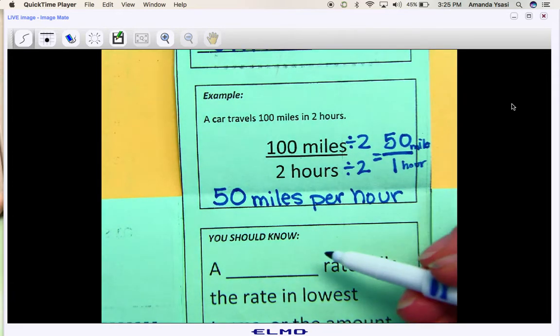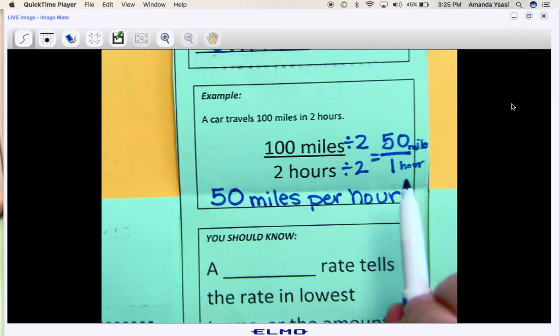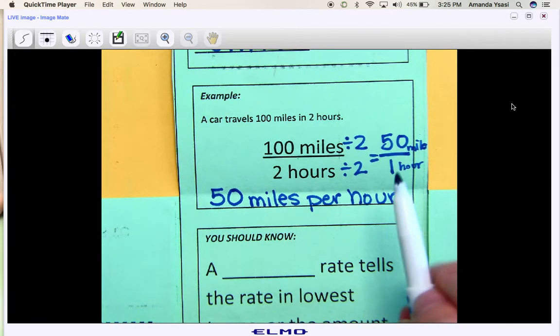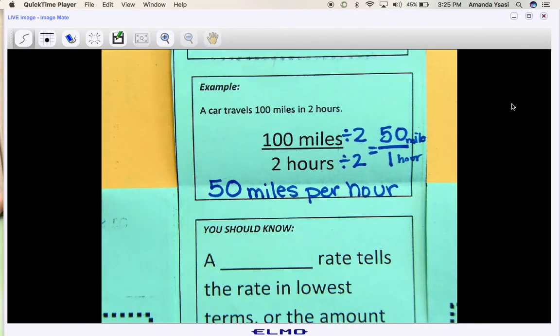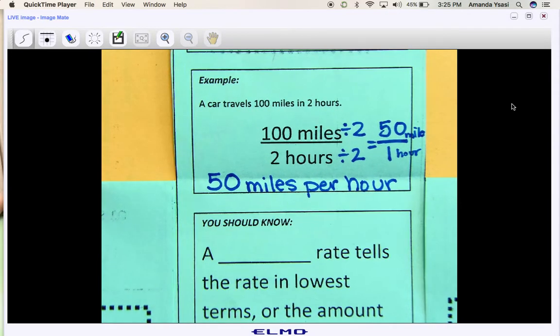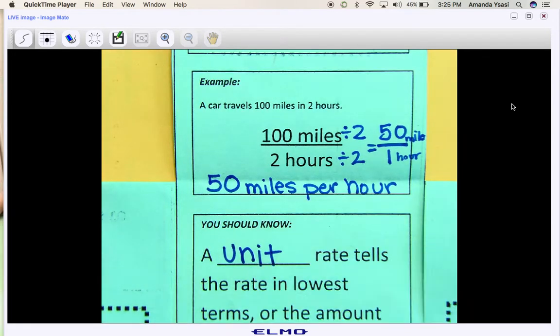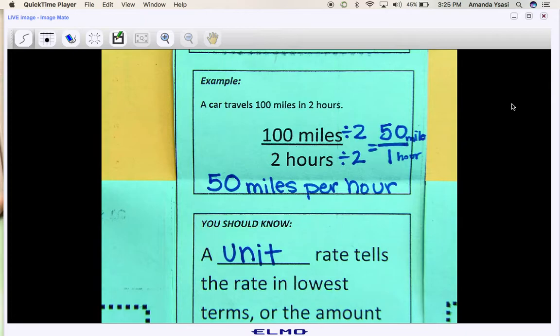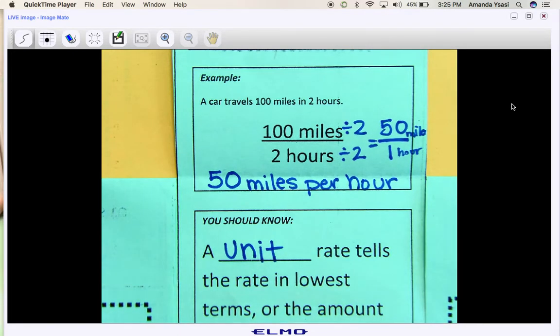So that is a ratio written as a sentence. You could write it as 50 miles over 1 hour, but make sure you keep your units. A unit rate tells the rate in lowest terms, or the amount for 1 unit.